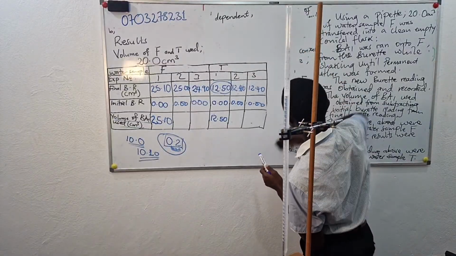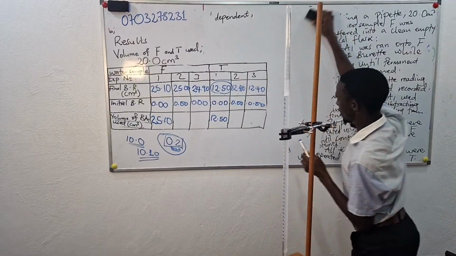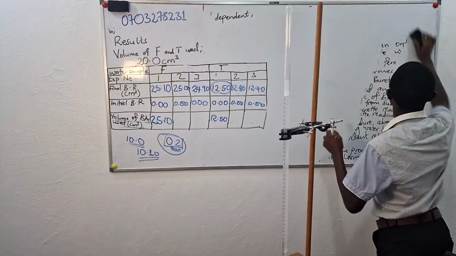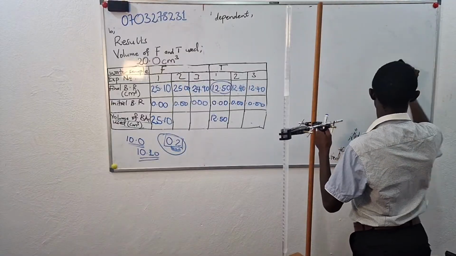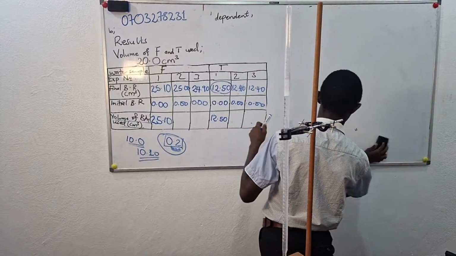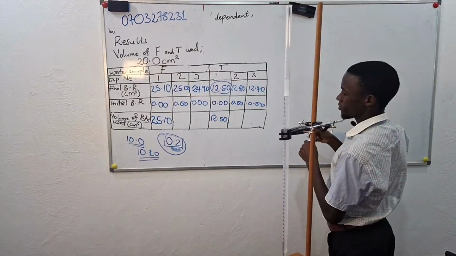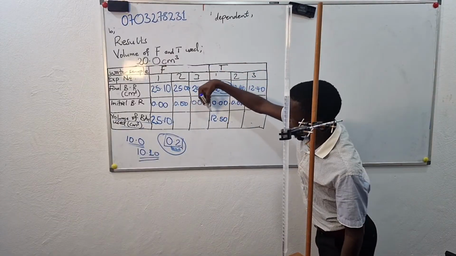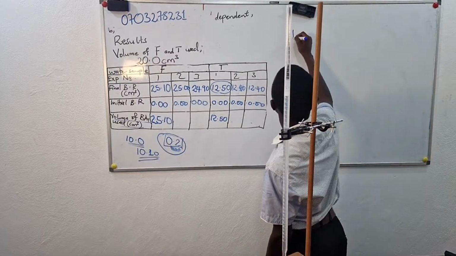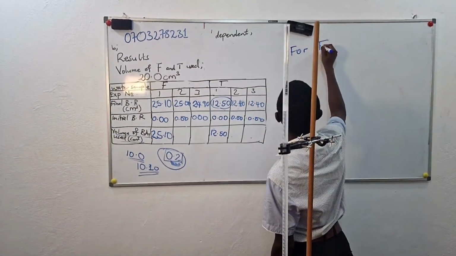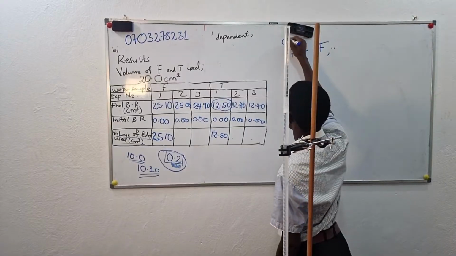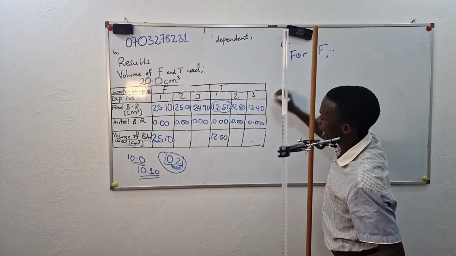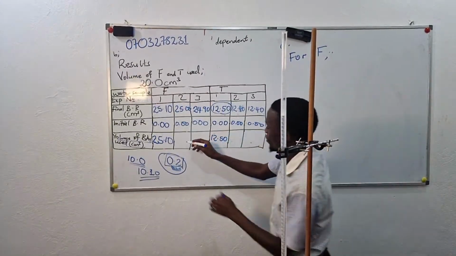average volume. Now we are on the analysis part. To get the volume of this that was used for F, now on the analysis part, we shall have all of the values.